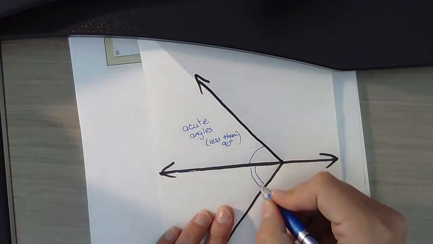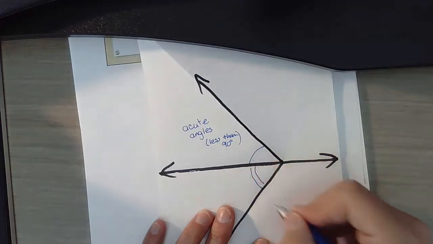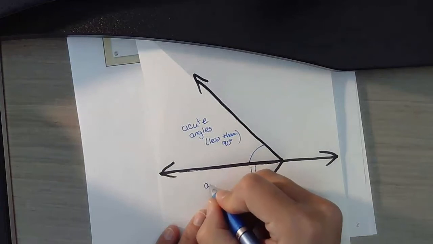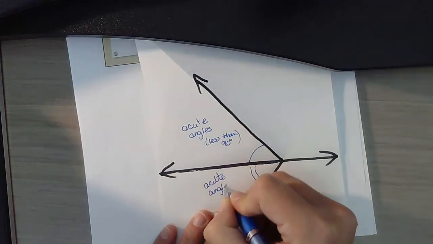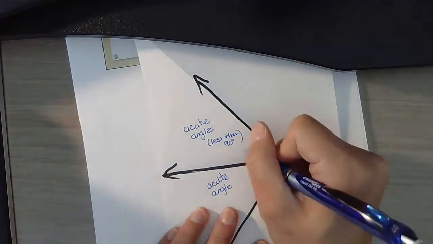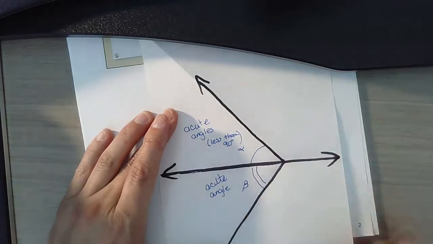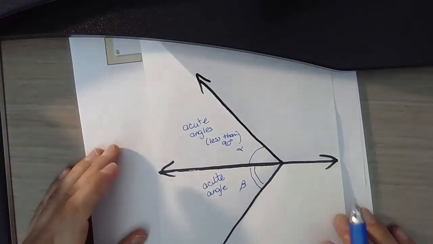And I'm going to draw two lines here because I don't know that these two angles are exactly equal, but it's an acute angle as well. And I could call this one alpha and this one beta if I wanted to. So these are acute angles because they're less than 90 degrees.